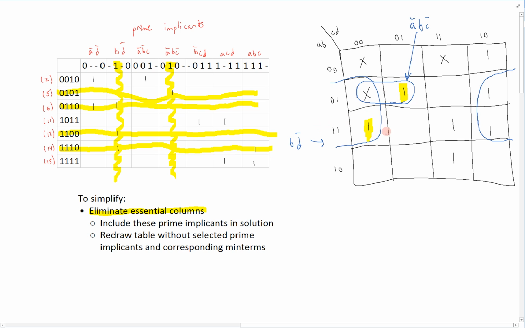However, since we know we have to include B D bar because it is the only one that covers this minterm, then we don't have to include the other prime implicants which cover the same minterms that were already covered by this prime implicant. So that's why we're able to simplify this function, and we say that we don't need to cover these two minterms any longer because we know we're covering them by including B D bar.